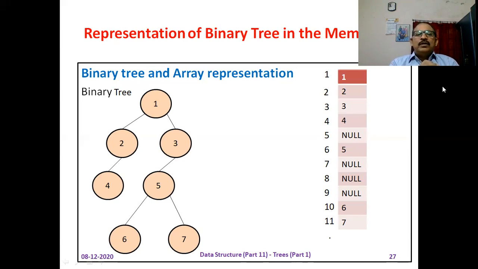Suppose we want to store the left child of node 5 and the right child of node 5. The left child of node 5 is at location 6. Left child of node 5 is 6 and right child of node 5 is 7.